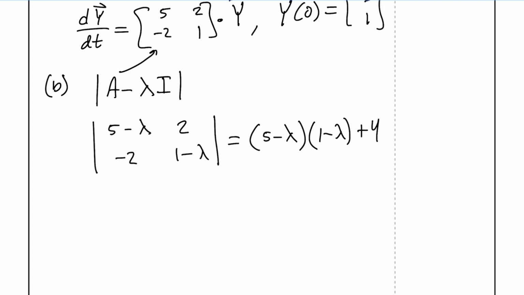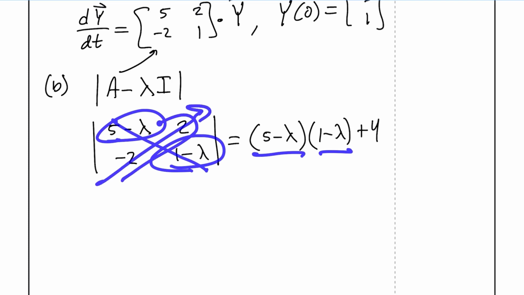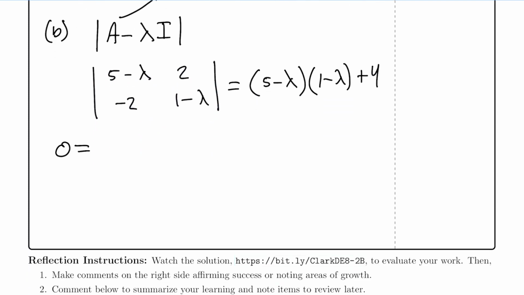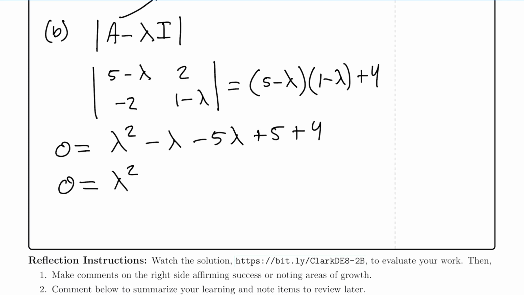So I get 5 minus lambda times 1 minus lambda here, and then we subtract the other diagonal, and negative 2 times 2 is negative 4. So when I subtract negative 4, I get a plus 4, and we set that equal to 0. So this is lambda squared minus lambda minus 5 lambda plus 5 plus 4, which is lambda squared minus 6 lambda plus 9.